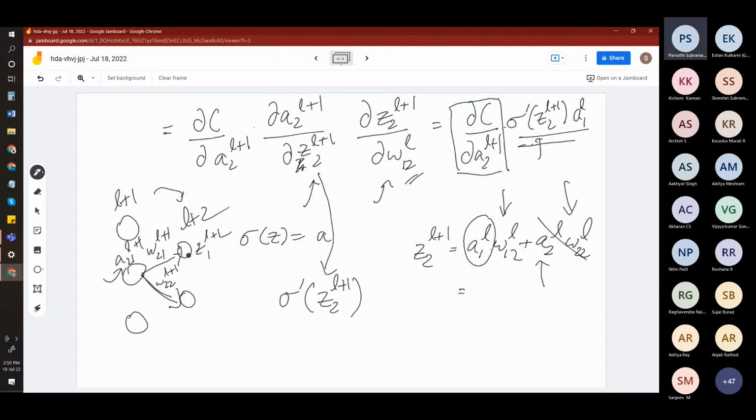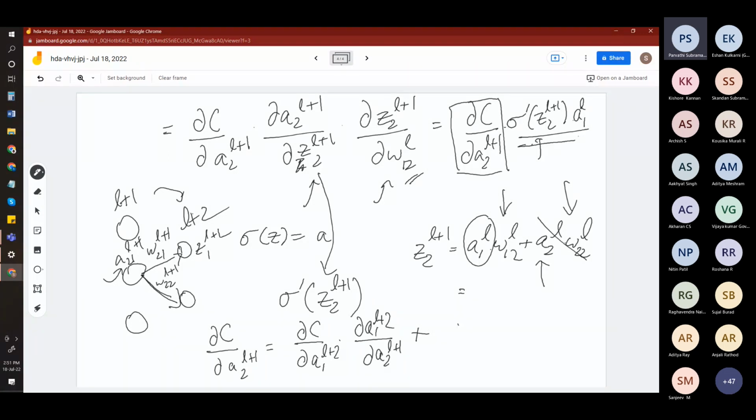So splitting again using chain rule, we can write this derivative ∂C over ∂A2 L plus 1 as ∂C over ∂A1 L plus 2 times the derivative of A1 L plus 2 with respect to A2 L plus 1. And similarly, now remember there are two branches which the derivative is passing through.